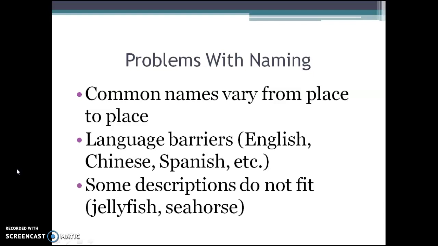If you're communicating with a person from another country, another part of the world, then those things become even more of a barrier. And some descriptions just don't fit creatures, like a jellyfish. A jellyfish isn't technically a fish. A seahorse is not even close to being a horse, right? So we have these names that don't always go together, and we got languages, and it becomes very confusing.